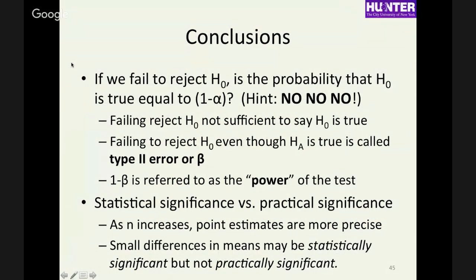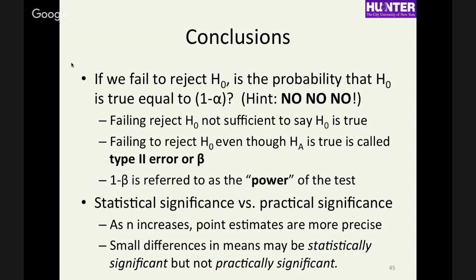So if we fail to reject the null hypothesis, is the probability that H0 is true equal to 1 minus alpha? And I have a hint for you there. No. So alpha is the probability that you would reject the null hypothesis if the null hypothesis is true. But failing to reject it doesn't tell you anything about the probability of H0 being true.